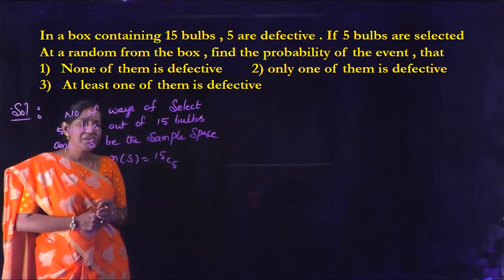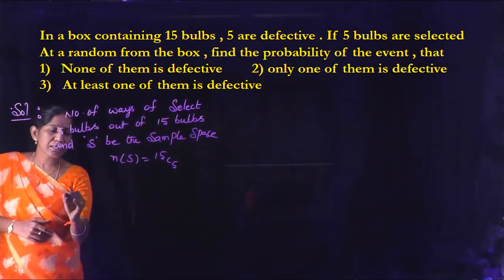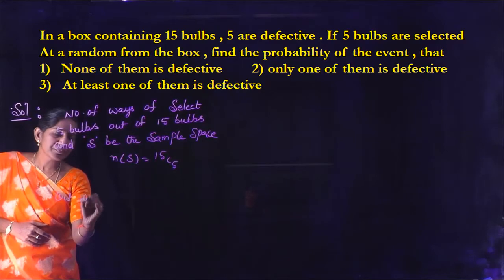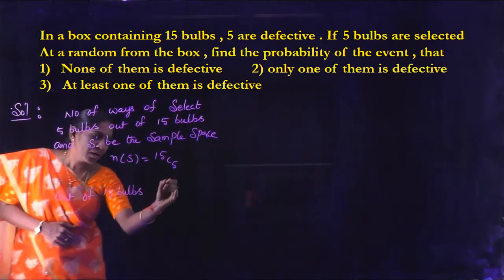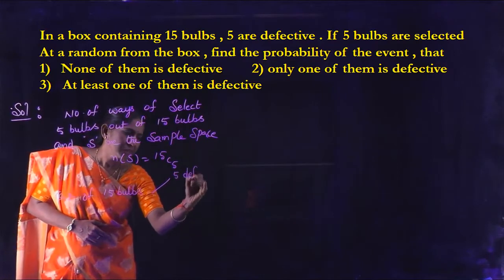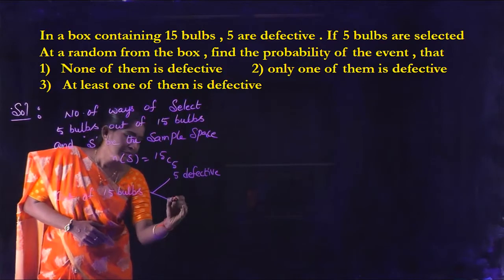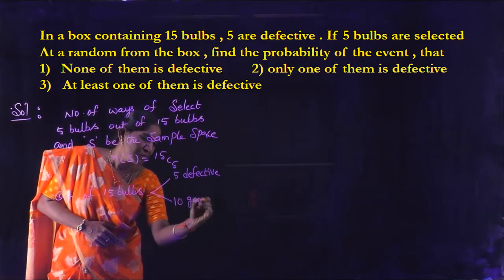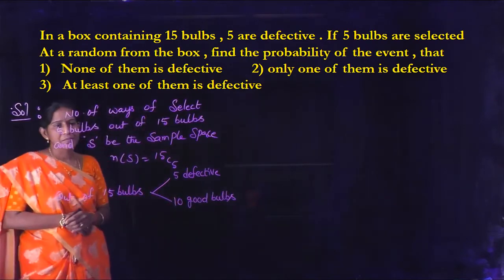So N of S equals 15C5. Here, given that out of 15 bulbs there are 5 defective bulbs, this means there are 10 good, non-defective bulbs.